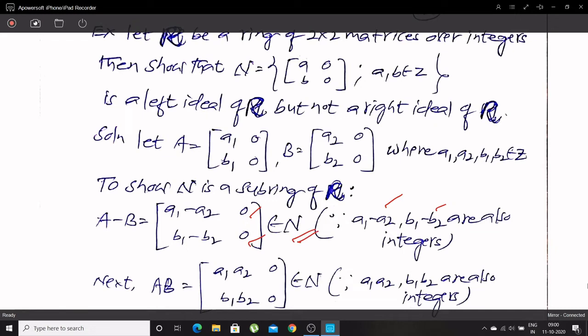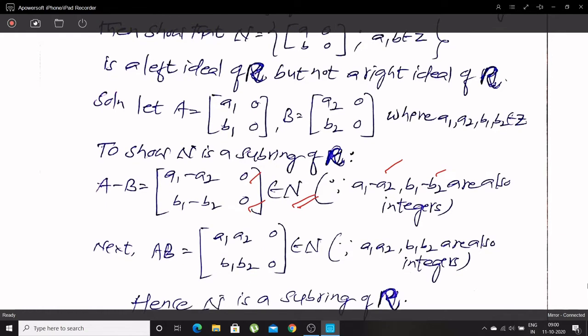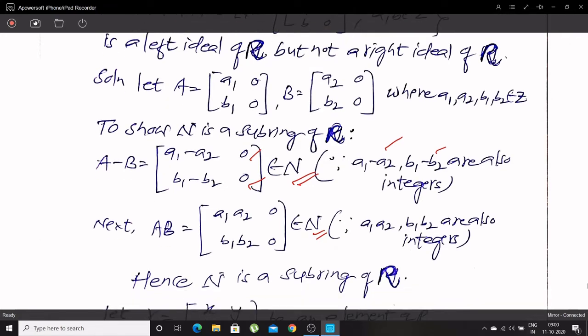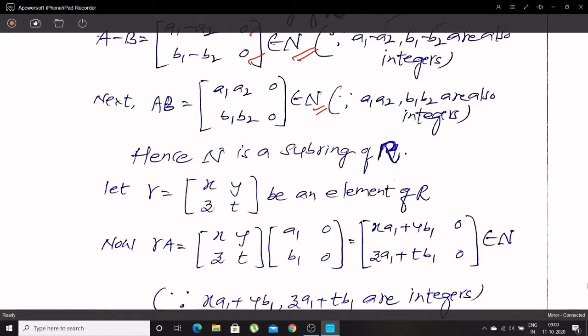Second condition, the product of these two matrices. If you multiply these two matrices, what do we get in the first row, first column? A1, A2. In the second row, first column element B1, B2. Again, it belongs to what? N. Hence, the given set N is said to be a subring of R. Now we have to verify the second condition of an ideal.